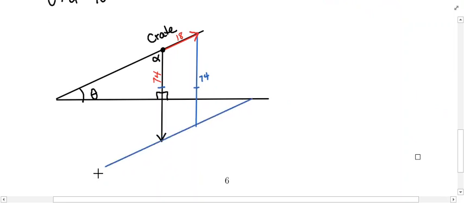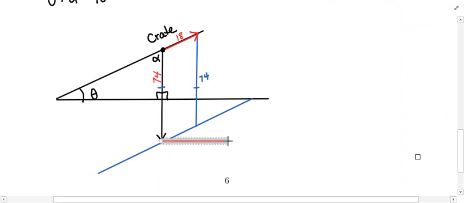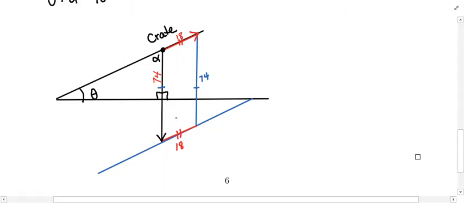Like this. What we're seeing here is that this red side should equal this other red side, because it's a parallelogram. So this should be 18. At this point, I have a pair of parallel lines, because I extended this bottom line.